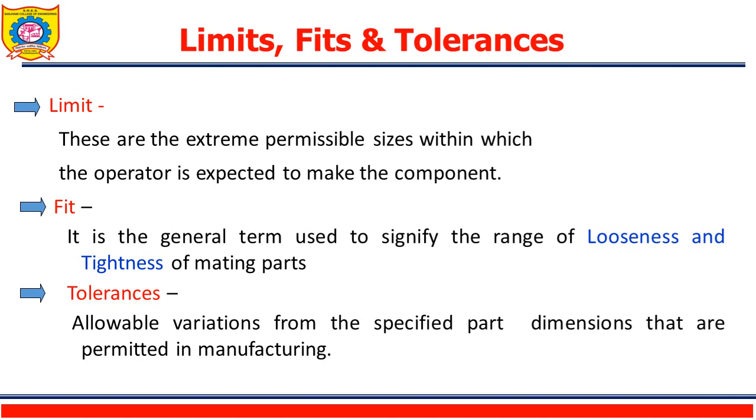We know that the production drawing of a component is available with an operator, and the operator manufactures the component as per the given drawing. So the maximum permissible sizes or dimensions within which the operator is expected to manufacture the component is nothing but the limit of that component.